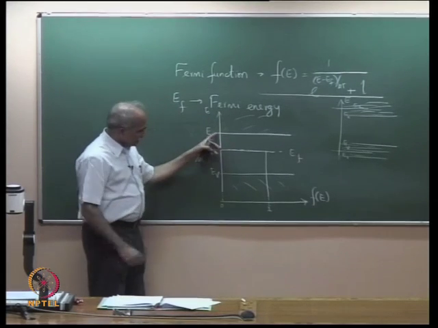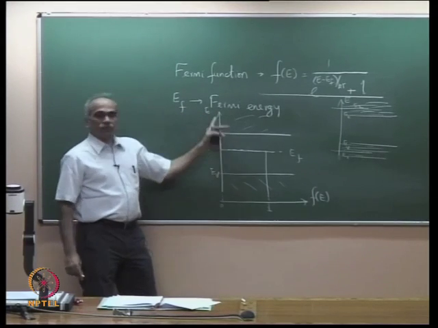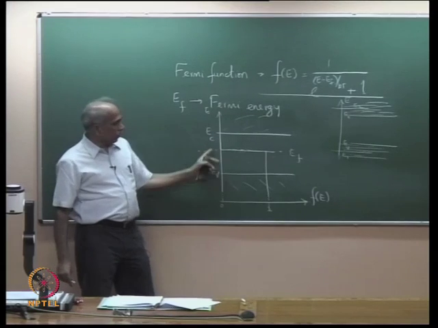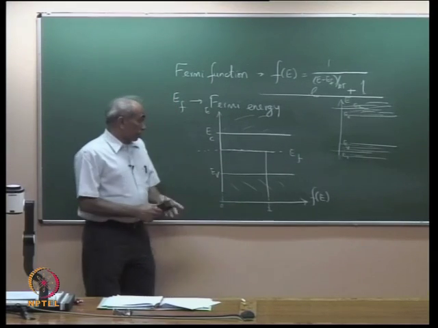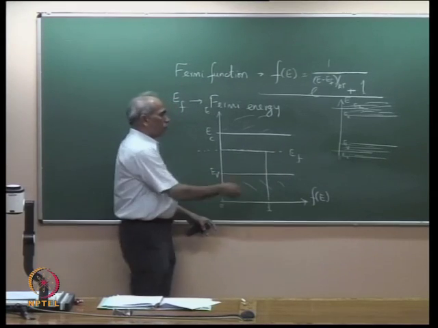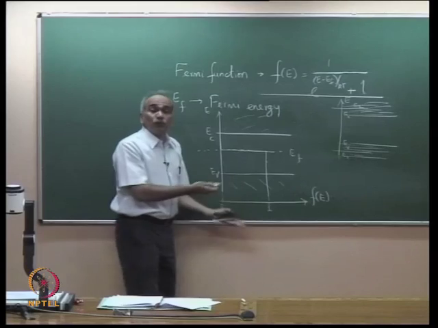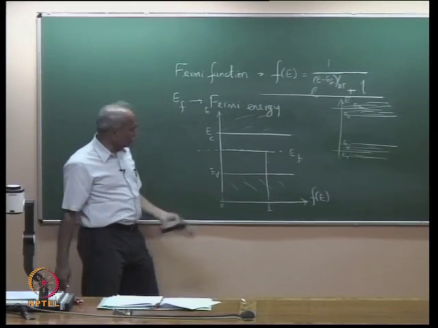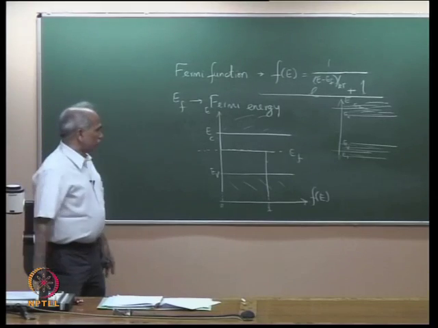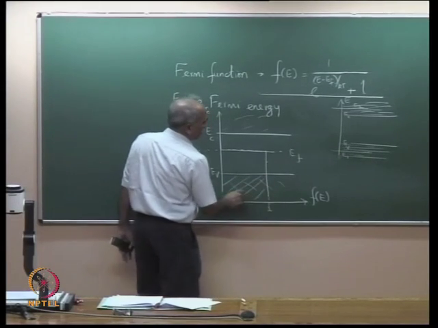What I have plotted is F of E as a function of E. There may not be a level at EF or anywhere in the gap. If there were a level there, the probability would have been 1, but there is no state permitted. All the levels below are completely full, completely occupied.